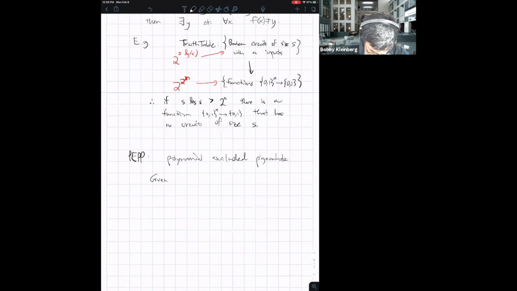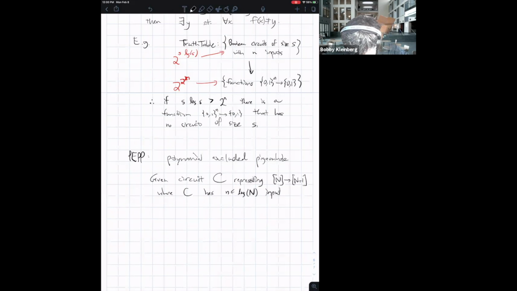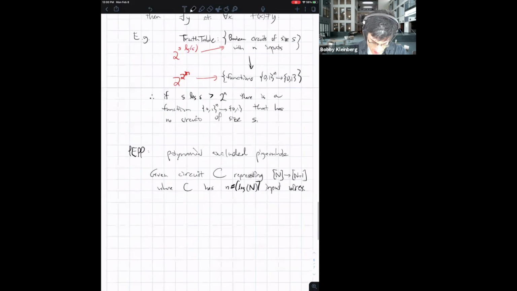It says: given a circuit C representing a function from [n] to [n+1], where C has little n input wires, ceiling of log n if you want to be precise, find some y in [n+1] which is not in the range of C.